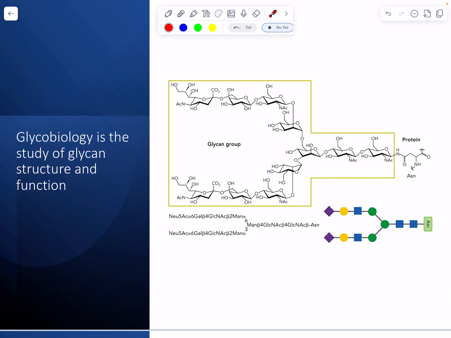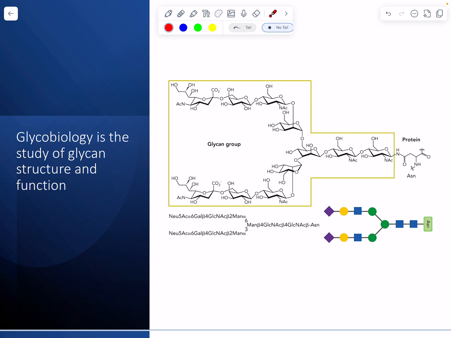This shows you a protein, which is kind of off the screen, and it's linked to this glycan group. We could show it in this structural form right here, where the only shorthand we're using is not showing the hydrogens and the symbols for the carbons.